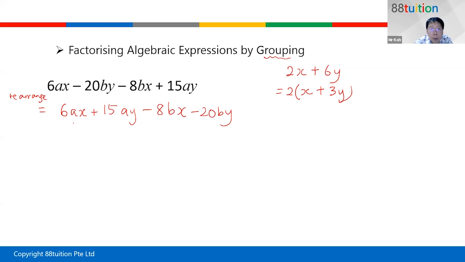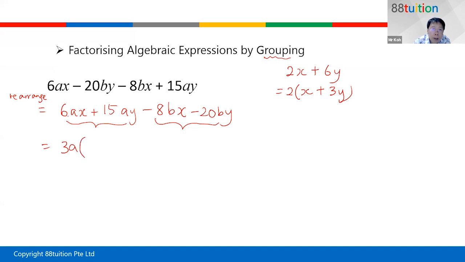Now after I rearrange, I can factorize in groups. There are two groups here. In the first group, I see 6 and 15, the common factor is 3. Ax, ay, the common factor is a. So I take out what is common in these two, 3a.